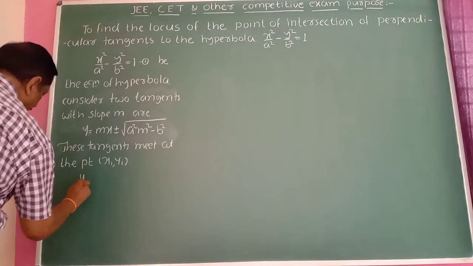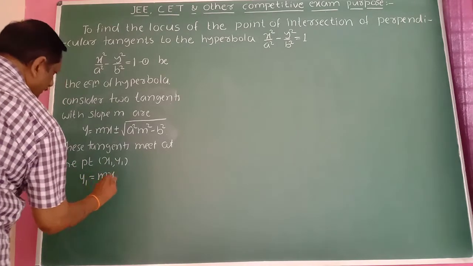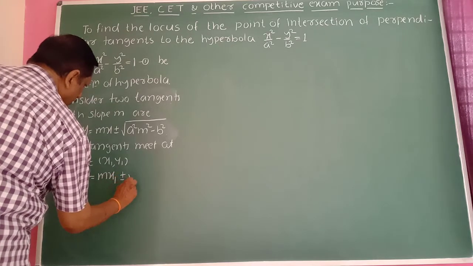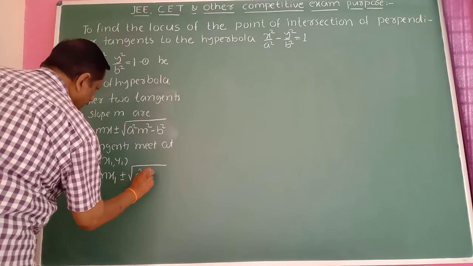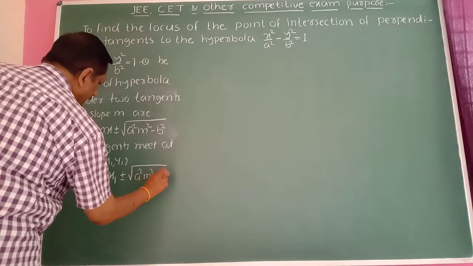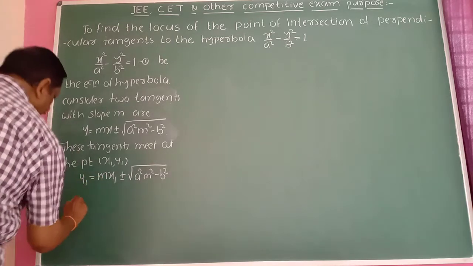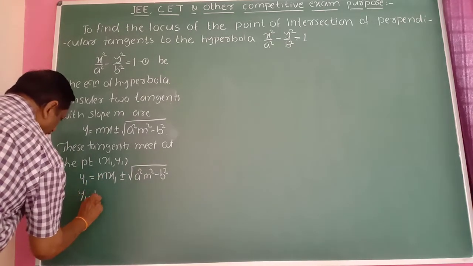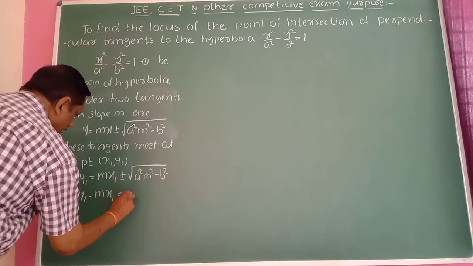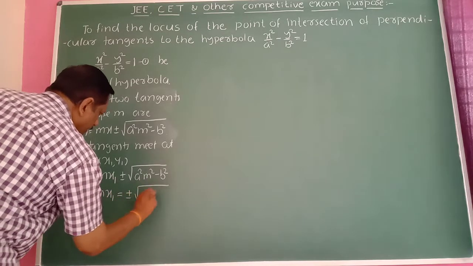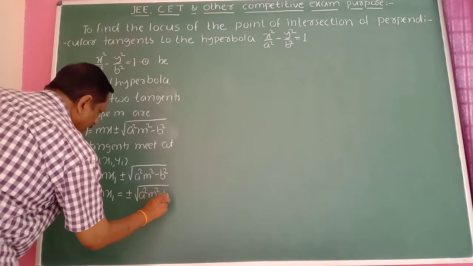So y1 is equal to mx1 plus or minus root of a square m square minus b square. Take mx1 to the left side. So y1 minus mx1 is equal to plus or minus root of a square m square minus b square.